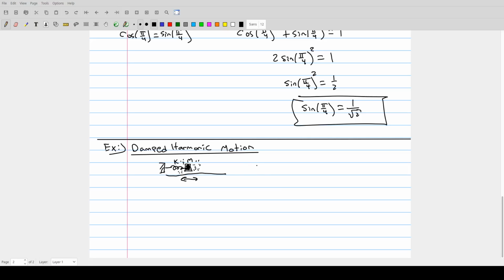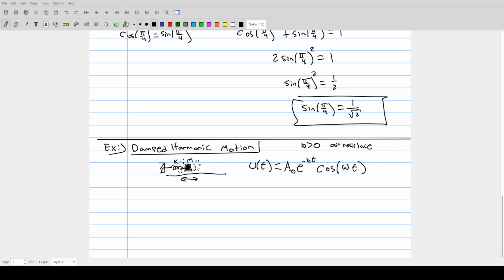So using calculus 2 and a little bit of physics, you can go through and show that if you say the position of the mass as a function of time is u of t, well, then it's going to turn out that the position of the mass is given by what's called the amplitude, A naught, times e to the negative bt times cosine of omega t, where b is a positive quantity that is determined by the air resistance.